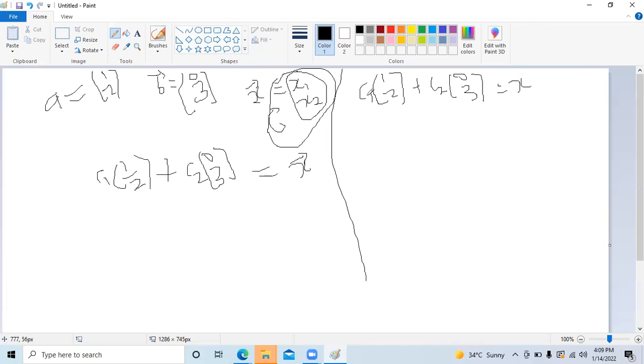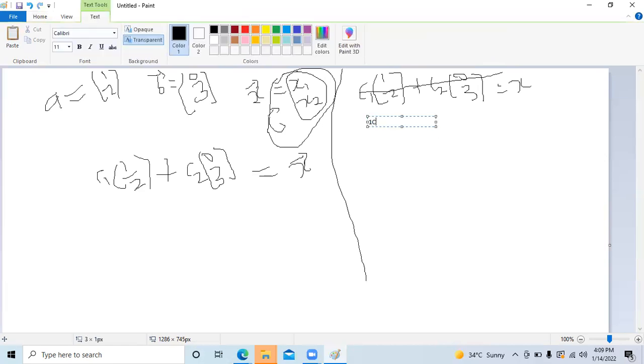So let's interpolate now. The X-axis will give us 1 C1, or let me just write it to make it better. So 1 C1 plus 0 C2 will give us X1.